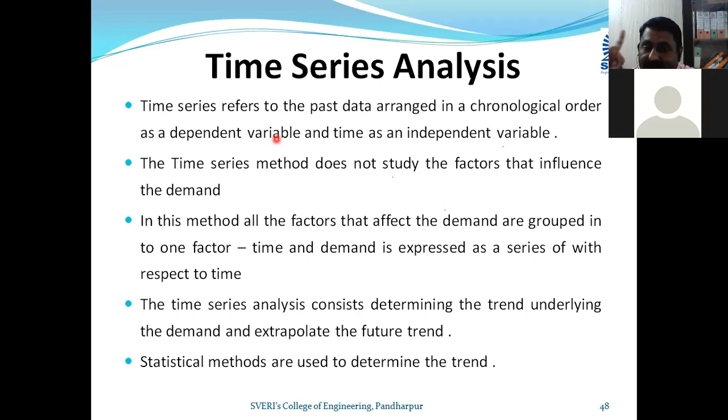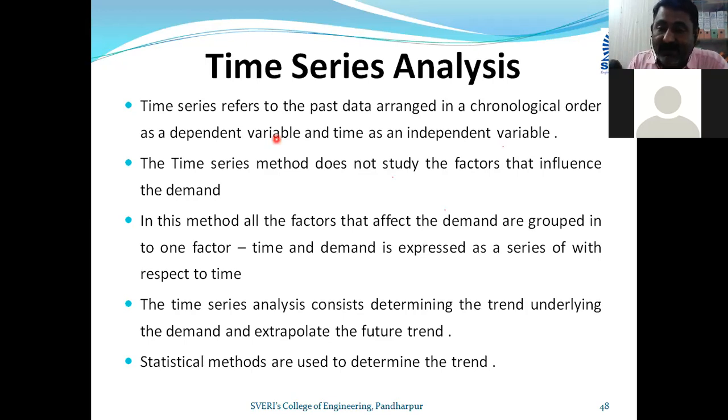Only one factor is there, that is time, and the time factor incorporates all the factors that are affecting the demand. That one factor is time, and the demand is expressed as the series with respect to time, meaning only demand and time is there.